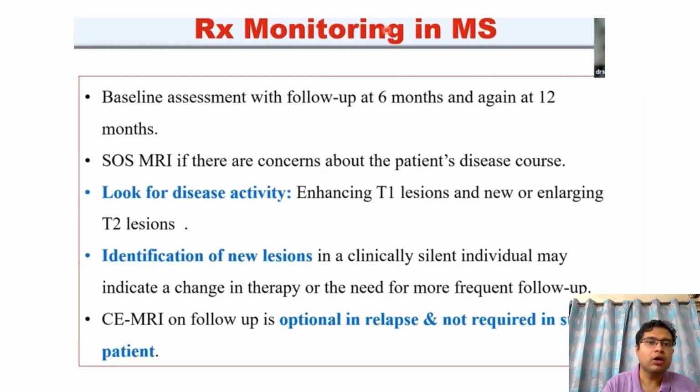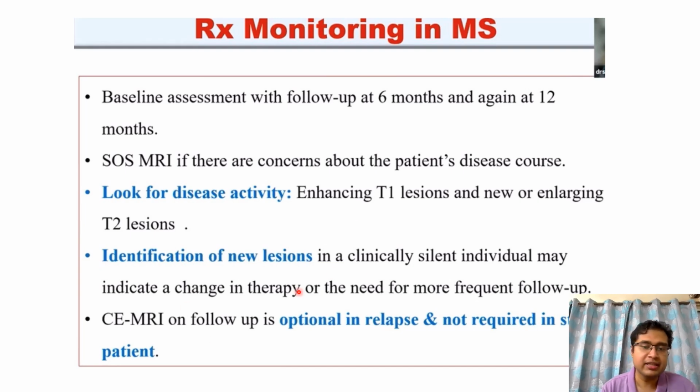So what to look for during monitoring of a lesion of multiple sclerosis on treatment? We have to look for disease activity, whether there is any enhancing T1 lesion, a new or enlarging T2 lesion compared to the baseline images.